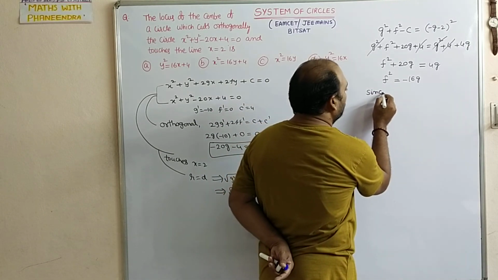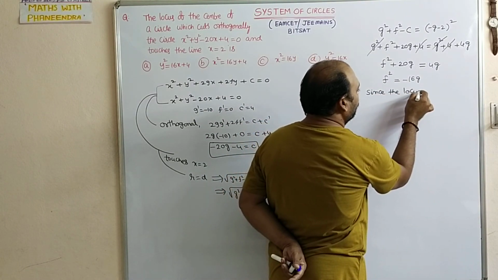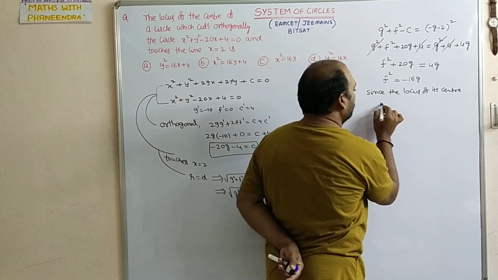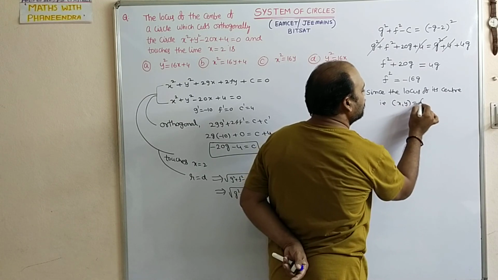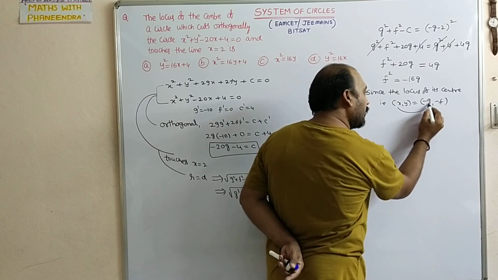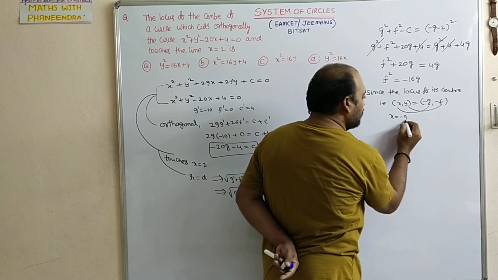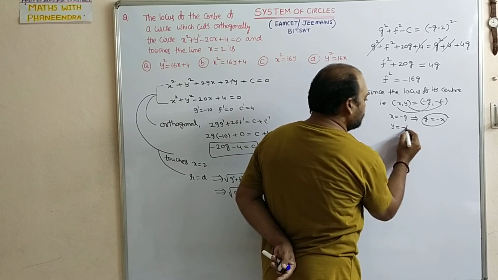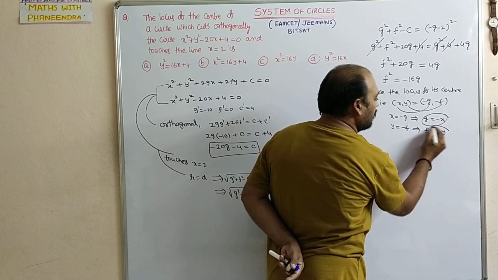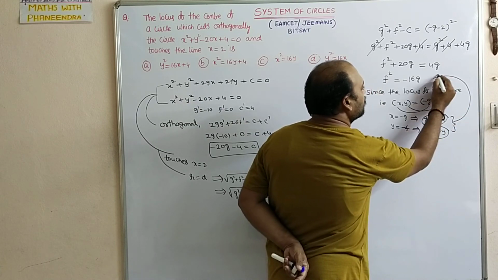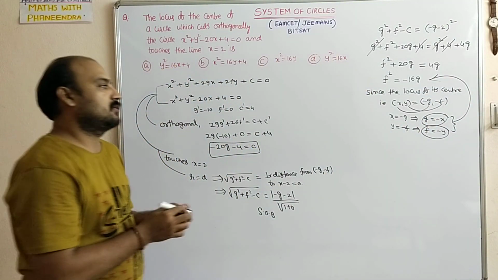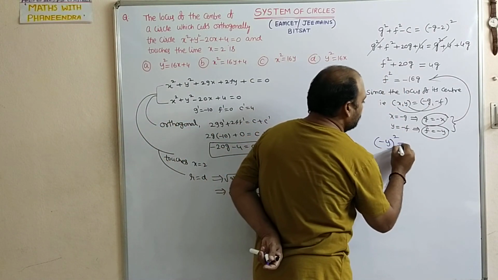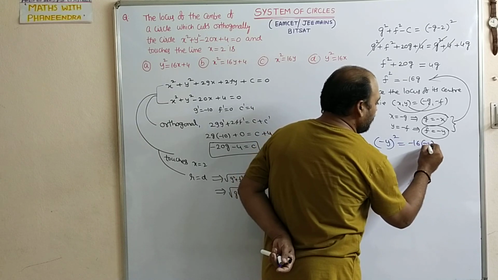Since the locus of the center means x, y, and the center is (−g, −f). Equating these two, x = −g, that implies g = −x. y = −f, that implies f = −y. Substituting these values in this curve, f² becomes y² = −16 into g value −x.